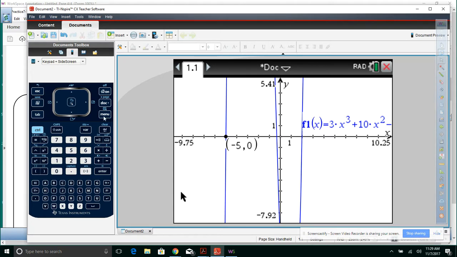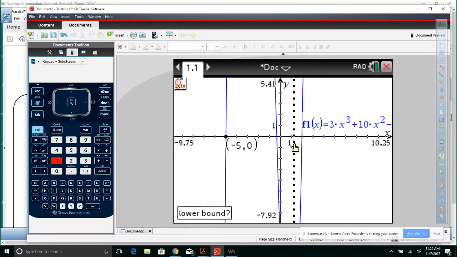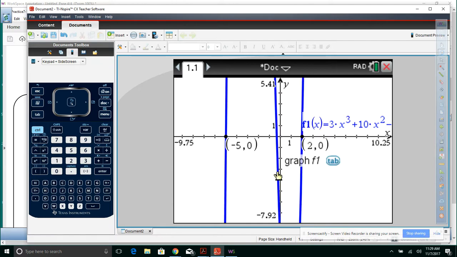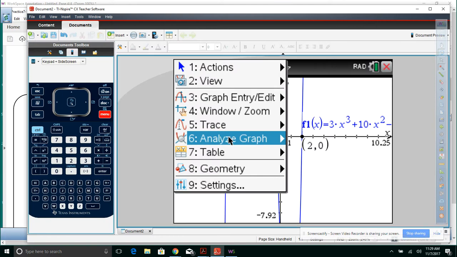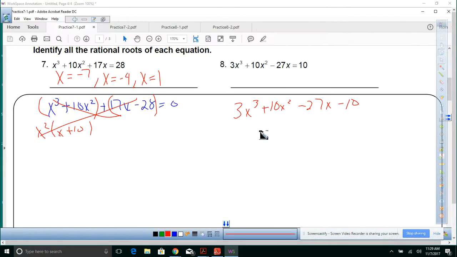So we got, and then menu 6, 1, and then you got positive 2, then menu 6, 1, and then you got, what is that right there? That's negative 1/3. So here is our x equals negative 5, x equals negative 1/3, and x equals 2.